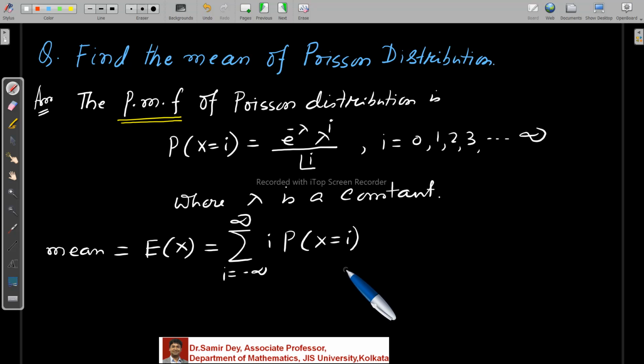In my next step we should replace this part by the PMF. Clear? In my next step, I will replace P(X = i) by this. Is it clear?